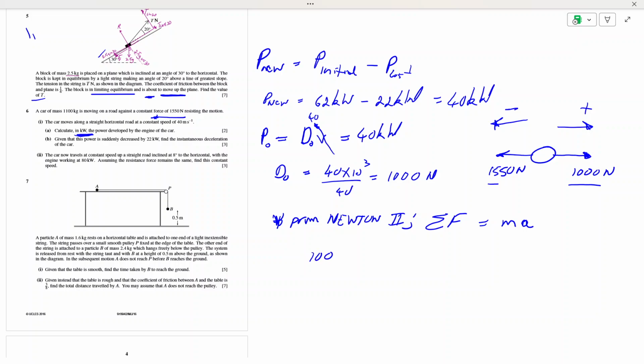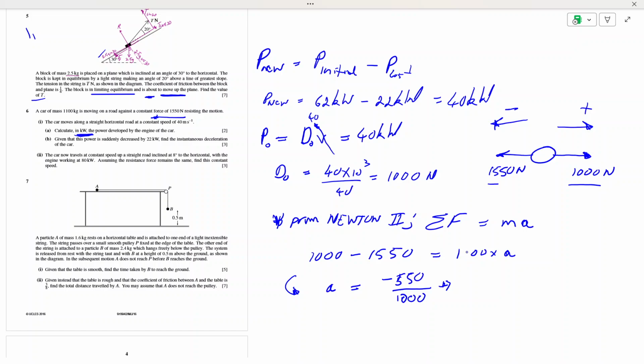So again, I'll say driving force, which is 1,000 newtons, minus 1550, the force that is resisting that motion, equals the mass, which is 1,000 kgs, multiplied by the acceleration. In this case, it's going to be deceleration, a negative acceleration, right? Then I'm going to get a is negative 550 over 1,000. The mass, what is it?